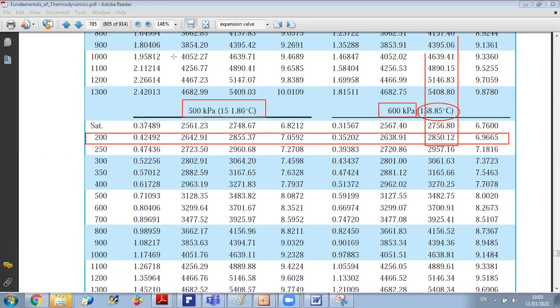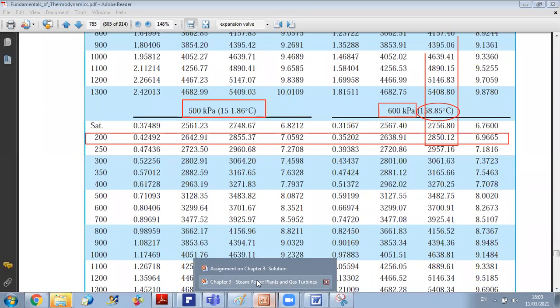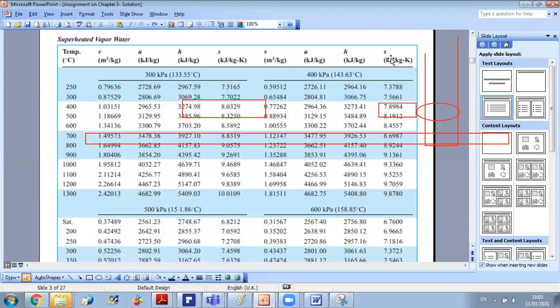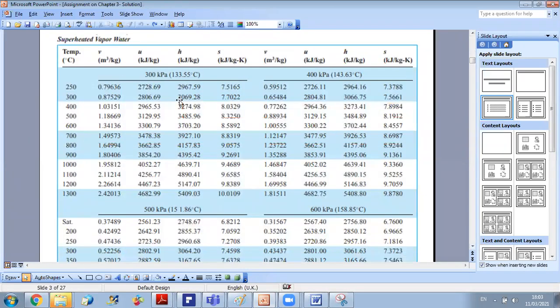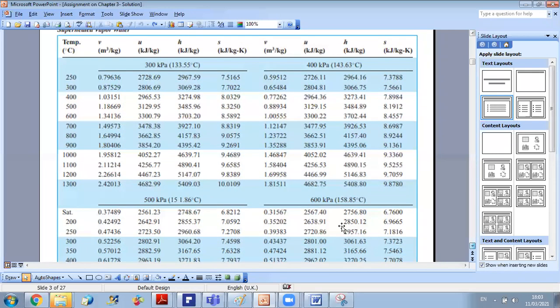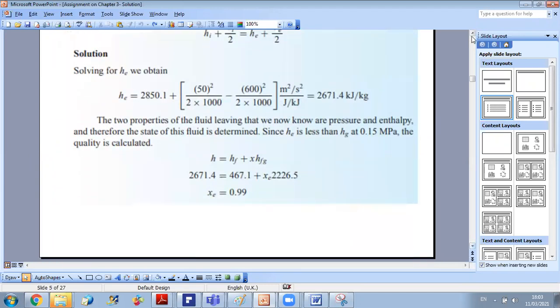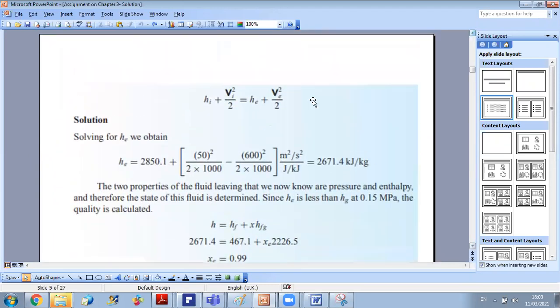Now, once I have H, I can go back to my equation. Here in the solution also, I provided you with the table to see how we did the selection. So you have here all the details of how you select the value of 2850.12. Once you find it, you can go back to your energy equation. And now I have H inlet, I replace it.